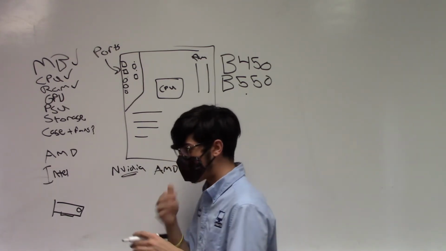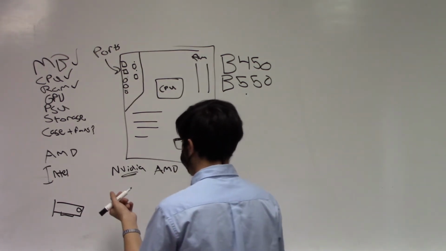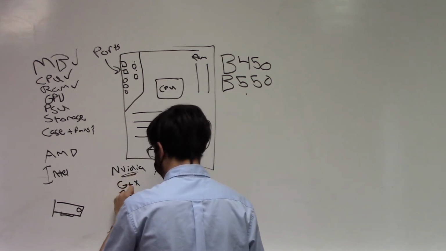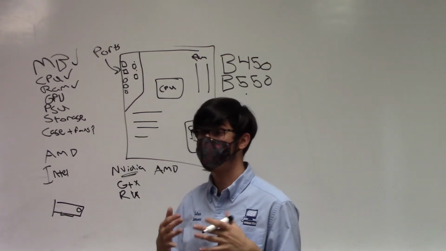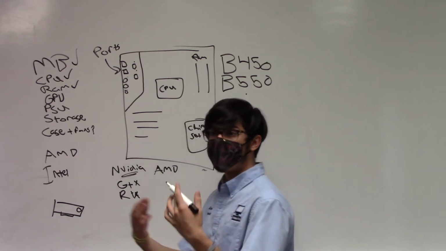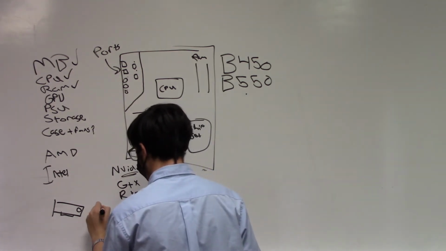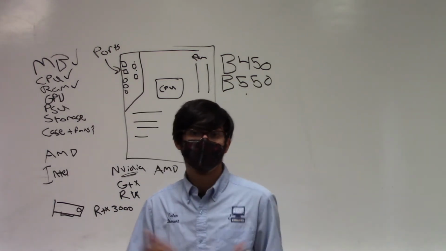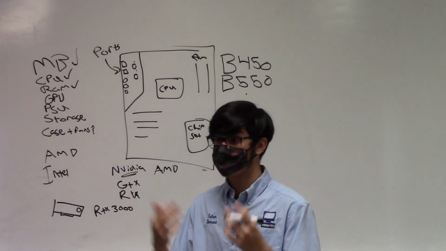But NVIDIA has two different, I want to say, branches of their graphics cards. You have your GTX and your RTX. Now, GTX is barely used anymore, but their cards are still readily available. But RTX is the latest and greatest. And NVIDIA just released their RTX 3000 series. No one could get their hands on them because 2 seconds after it went live, it sold out.